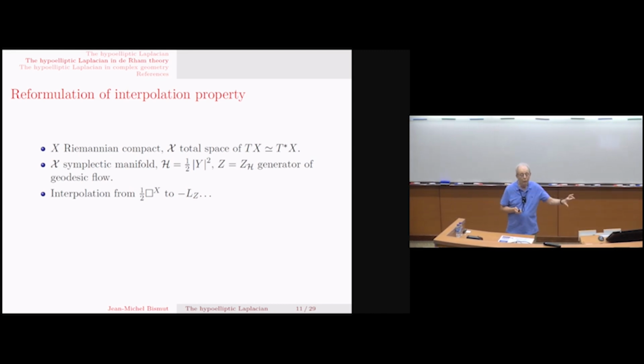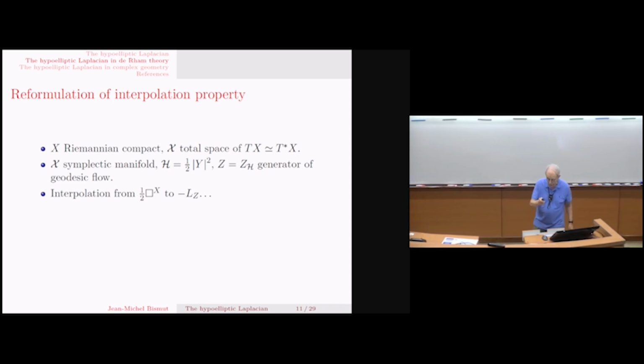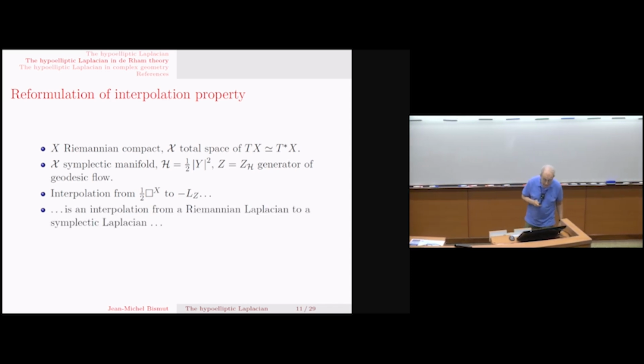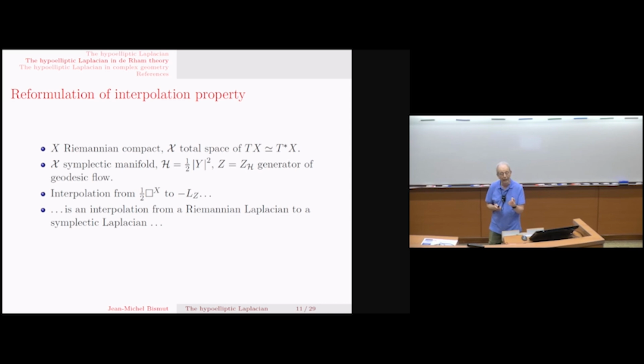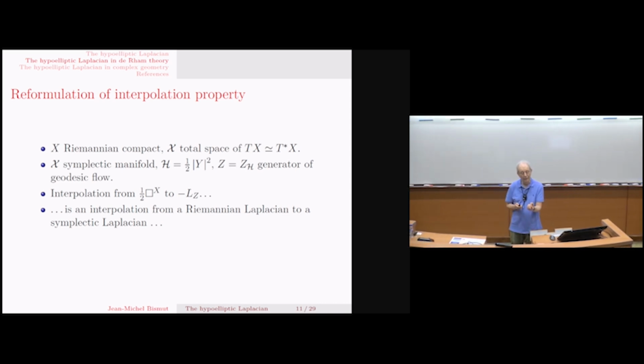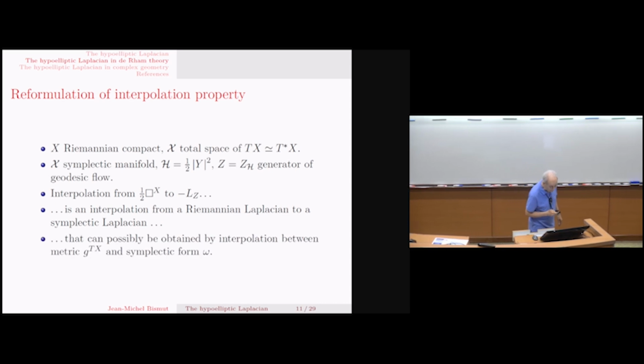One is an operator of order 2 on the base; the Lie derivative is an operator of order 1 on the total space. So this interpolation, which looks strange, becomes an interpolation between a Riemannian Laplacian and a symplectic Witten Laplacian. In other words, it becomes an interpolation between two objects which algebraically lie in the same category.